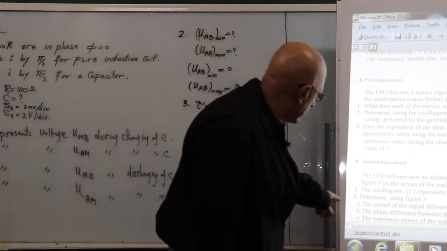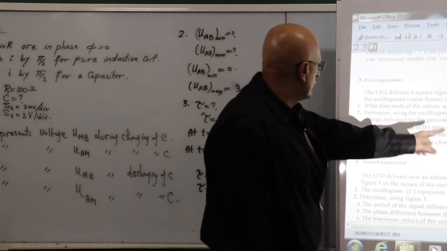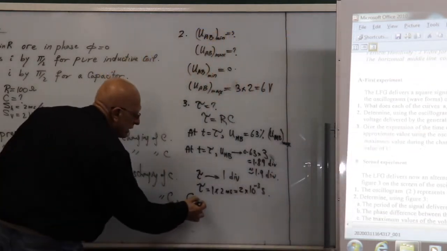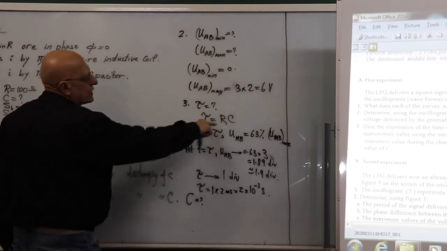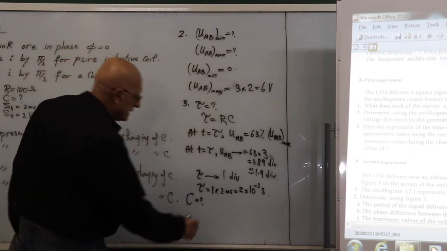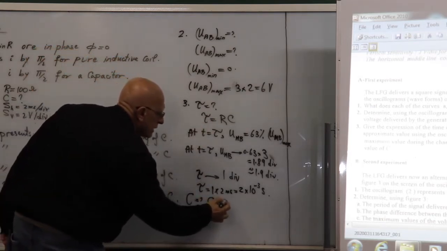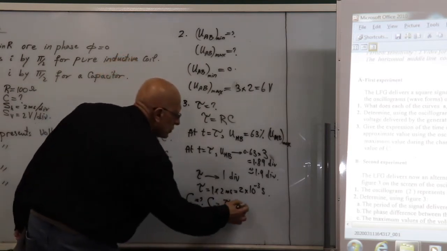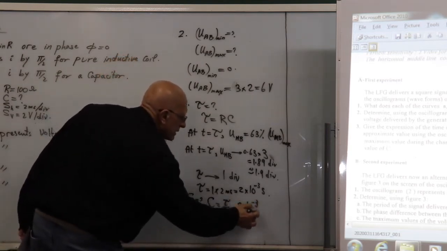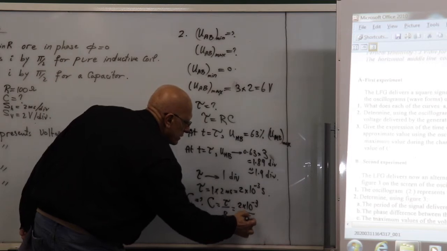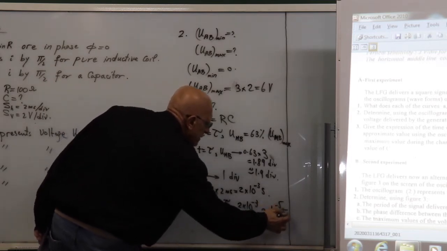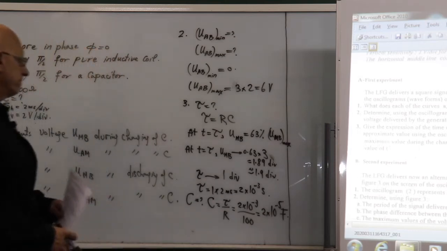Then he says, deduce the value of C. So I can deduce now the value of C. Because tau is equal RC, then C is equal tau over R. It gives 2 times 10 power minus 3 over 100, which gives me 2 times 10 power minus 5 farad. Okay.